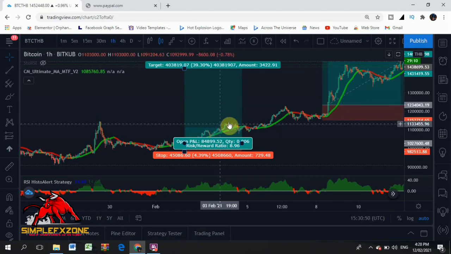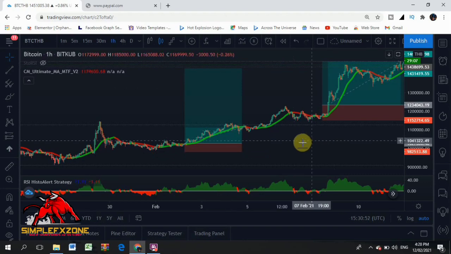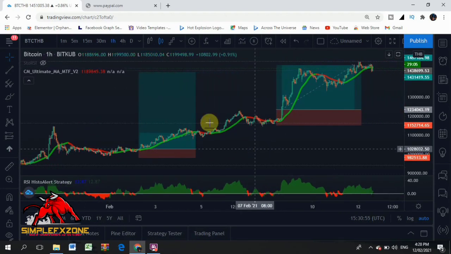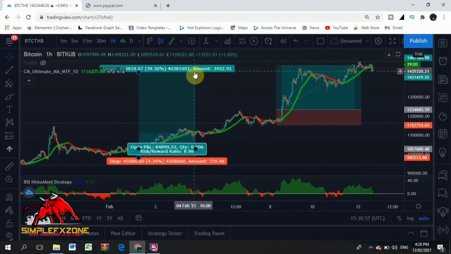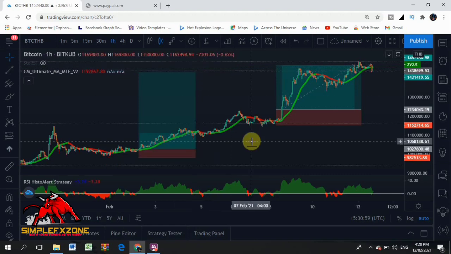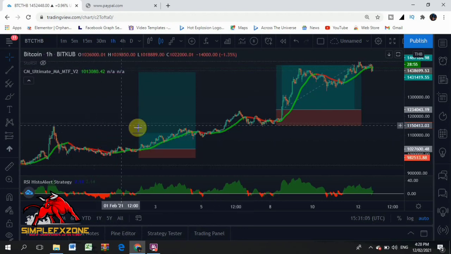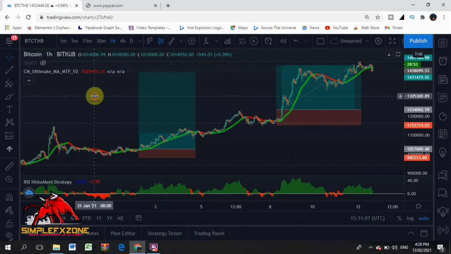You can see it's a 1 to 8 ratio. The price is still going up. But with this strategy, as I told you earlier, patience is the key. You know, you are trading in 1 hour.